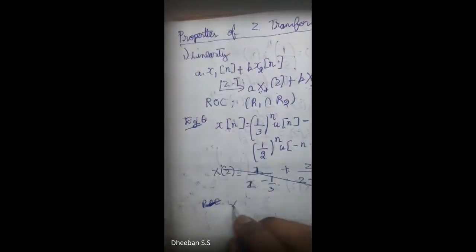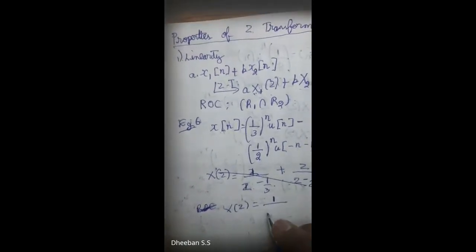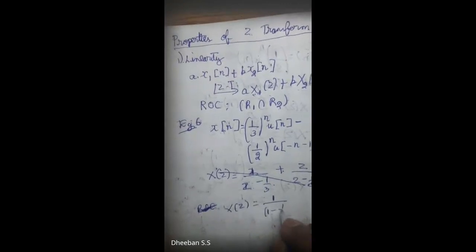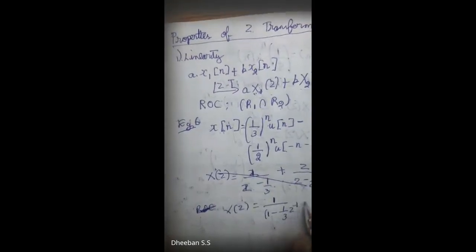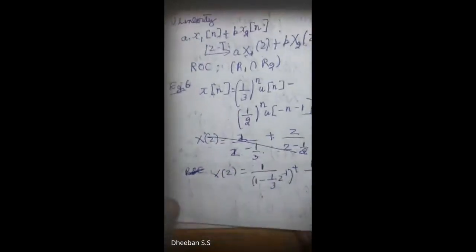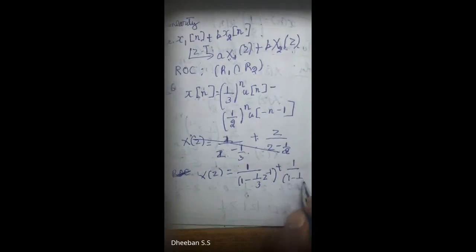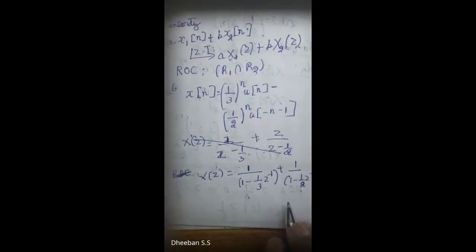For this the X of z will come out similar to the previous problem. The same thing, you will be having 1 minus 1 by 3 z minus 1 plus 1 by 1 minus 1 by 2 z minus 1. So here we'll be getting like this.